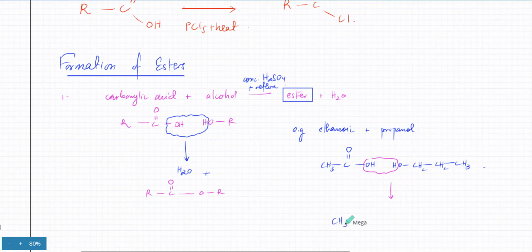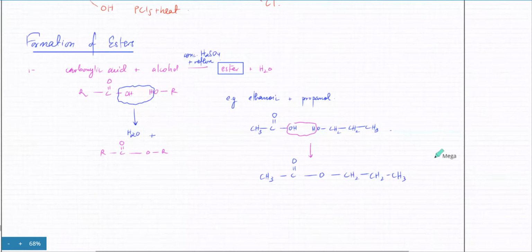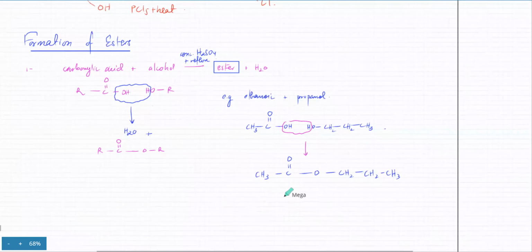And here there would be CH3, C double bond O, and there's going to be O, and then there's going to be CH2, and another CH2 and another CH3. So both chains are going to be linking up by this ester functional group. The ester functional group is C double bond O and O in the middle of the chain. So this is what's happening, and a water molecule is going to be produced next to it.